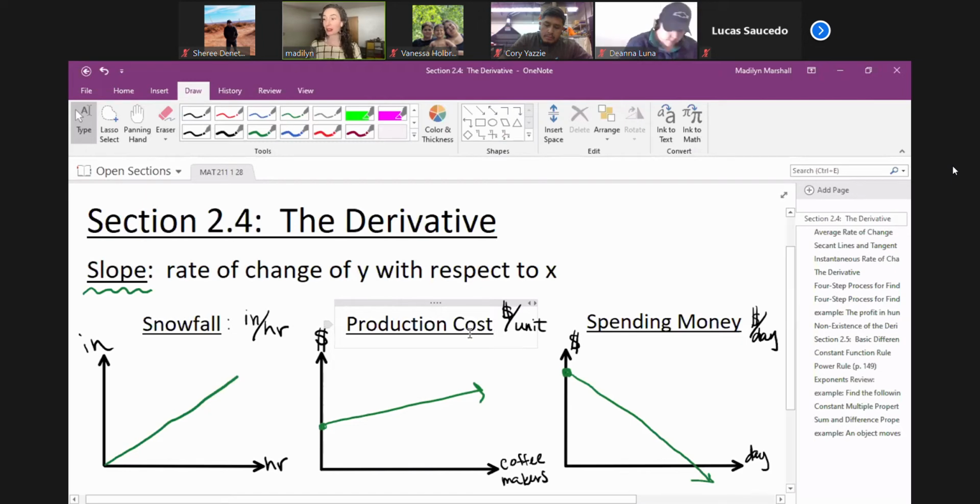Or if we're spending money every day, our slope would be the amount of money we're losing, negative $10 per day or something like that. So slope always gives us a rate of change of whatever our y is with respect to whatever our x is.